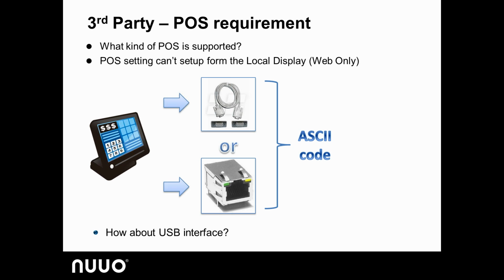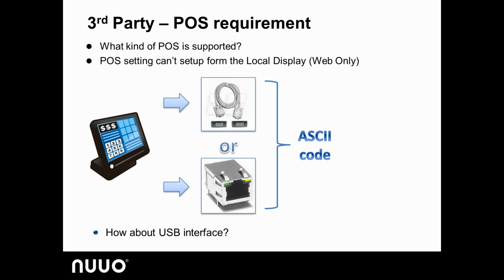In those small stores, usually you have a POS machine, and with NVRsolo, you can integrate the POS machine with the video surveillance. So the concept is very easy. It supports both TCP/IP and RS-232, two kinds of connection.